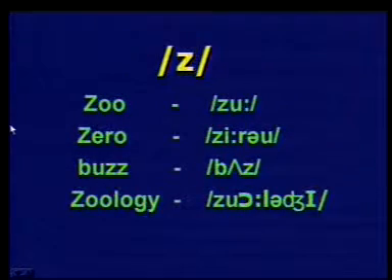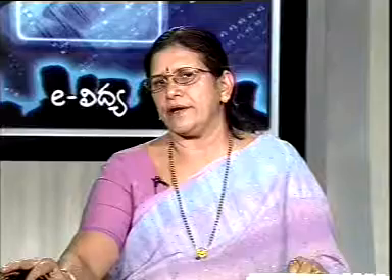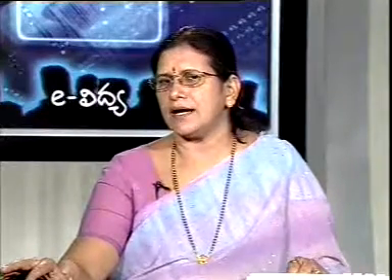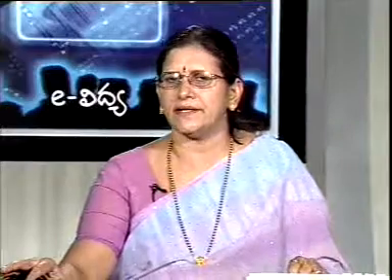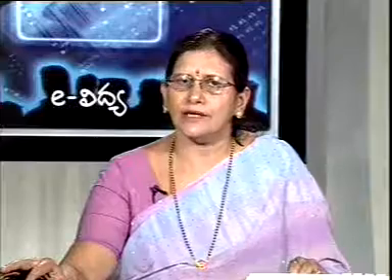So the next sound, the variation of S group, is Z. There is really a lot of problem in the articulation of this particular sound for non-English speakers and even for Telugu speakers, because this sound does not exist in many Indian languages, but it exists in Urdu.